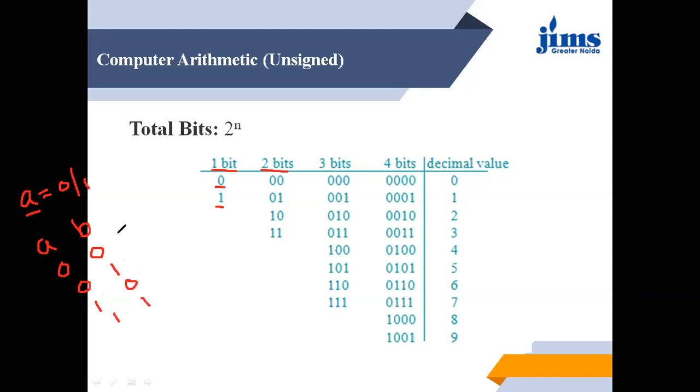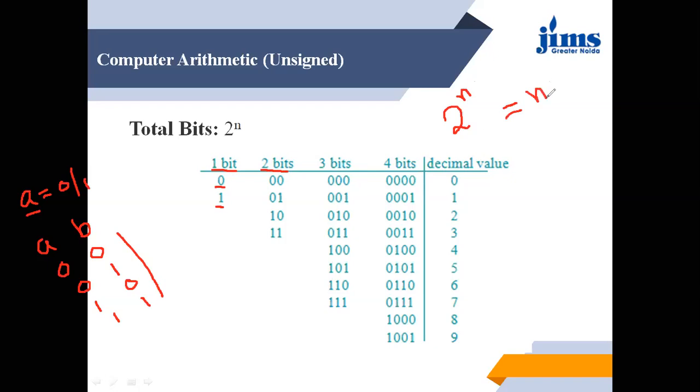So this is the total possible combination. We can find the total possible combinations by 2 raised to the power n when we have an n-bit number.